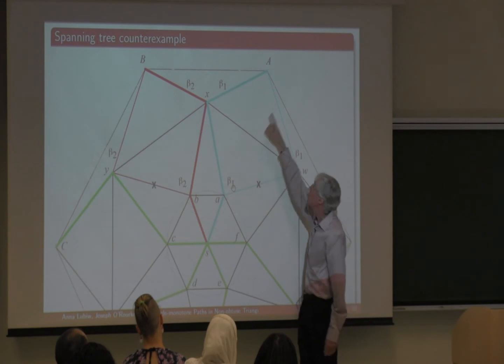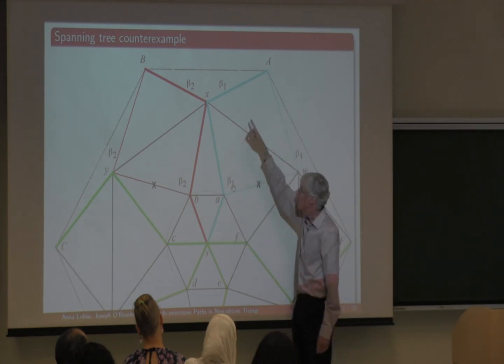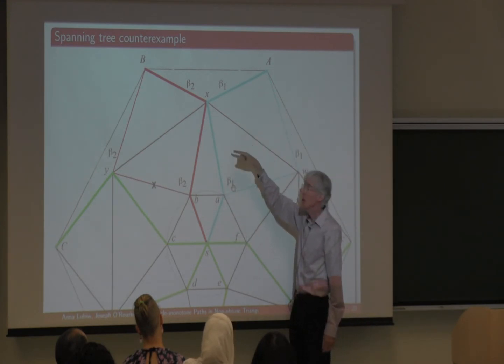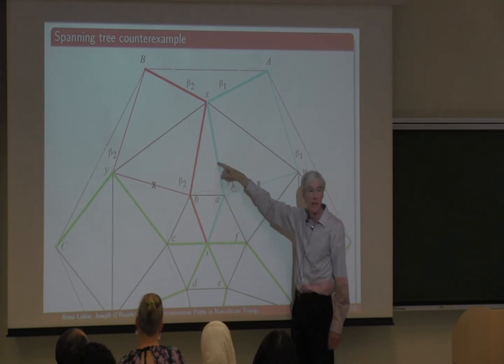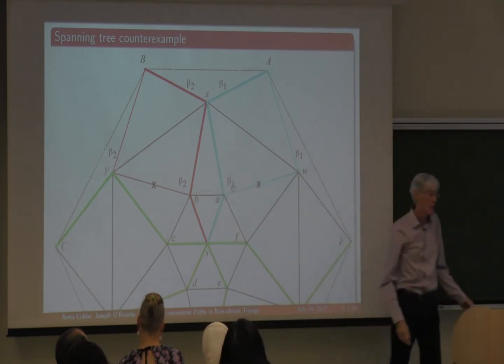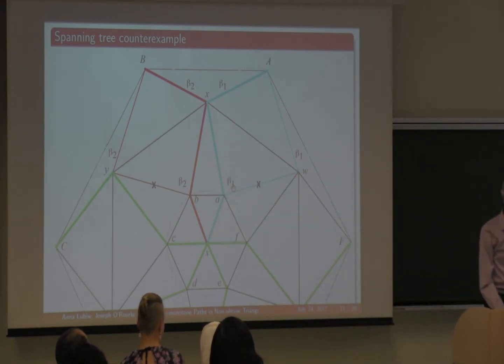So the only way to reach A is the blue path. The only way to reach B is the red path. And you've created a cycle here. So you don't have a spanning tree. So that's a shame, but at least it settles that. Although I guess it's possible that there always exists some S from which there's a spanning tree, but it's not true for every S.